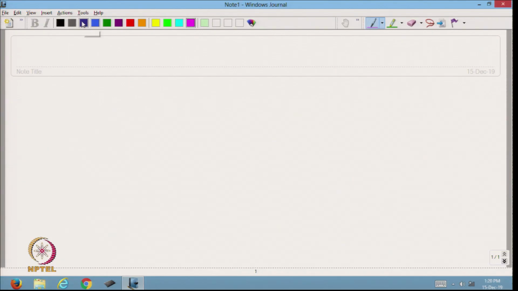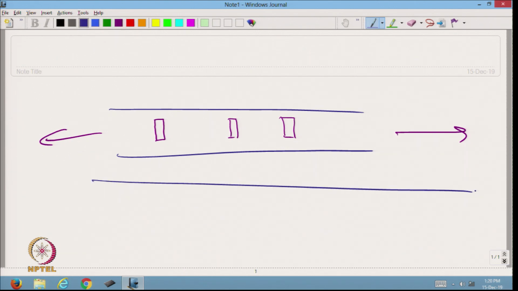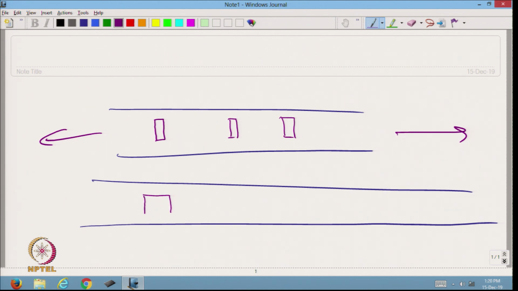Suppose this is one bandage, lengthwise, and here say rectangles are there. Now, after application of load, when it is stretched, this rectangle becomes a square.